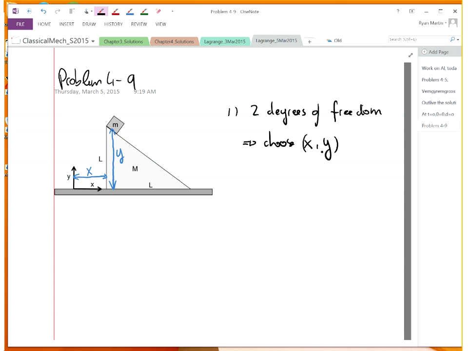In case you hadn't noticed, the wedge, the big block M, is an isosceles triangle, so it has a right angle. So this angle here is 45 degrees. Similar for the one up here.